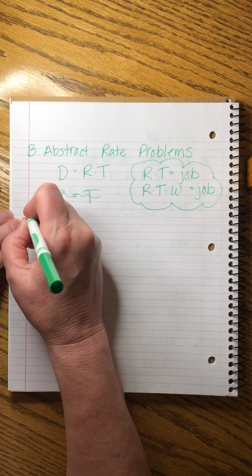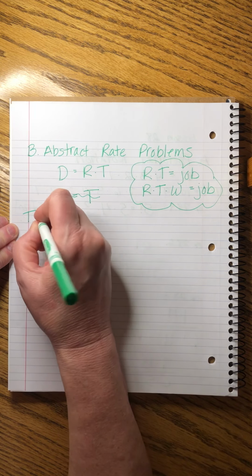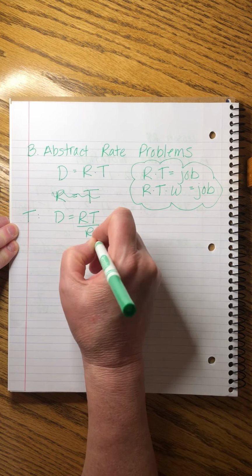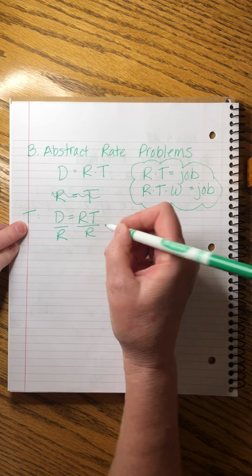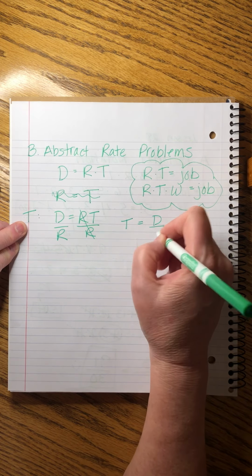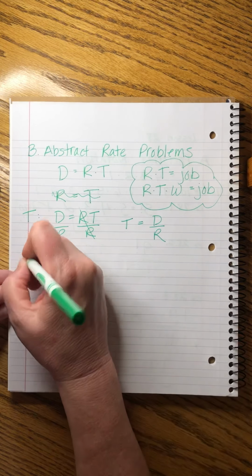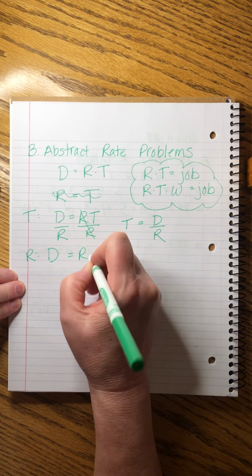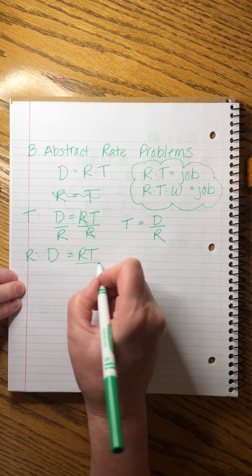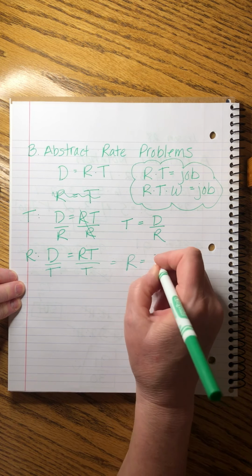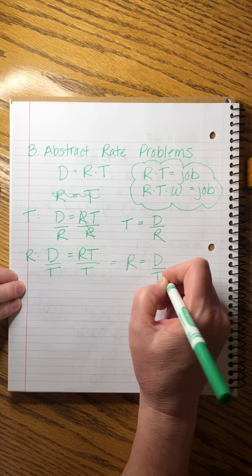So to solve for time, here's our original equation. We would divide both sides by r. So we can say that time equals distance divided by rate. And if we want to solve for rate, starting with our original thing, we divide both sides by t, and we can say that rate equals distance over time.